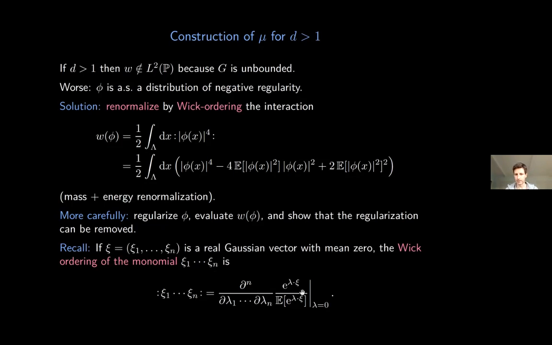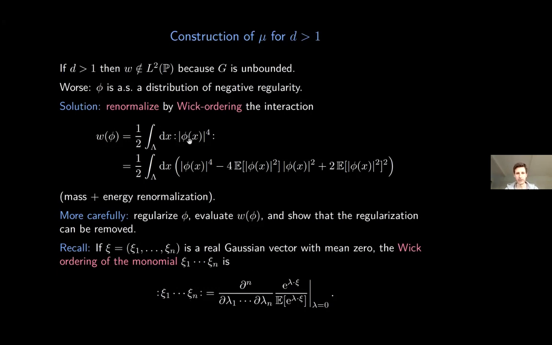And the Wick ordering means you normalize this generating function with its expectation. That's it. So when you differentiate, you can either differentiate upstairs, which gives you powers of these x's, or you can differentiate downstairs, which will give you expectations of powers of xi. And this kind of neatly packages the whole algebra.